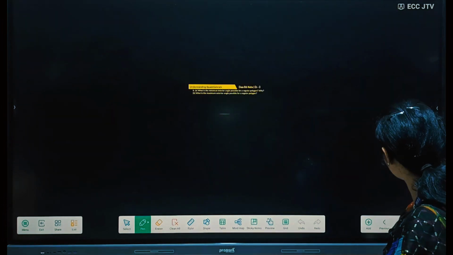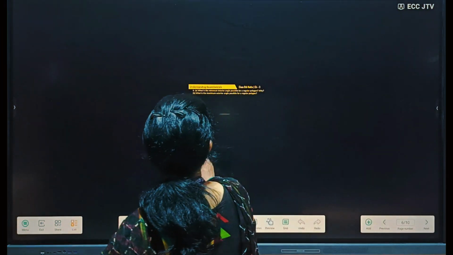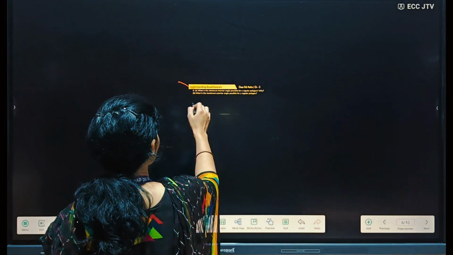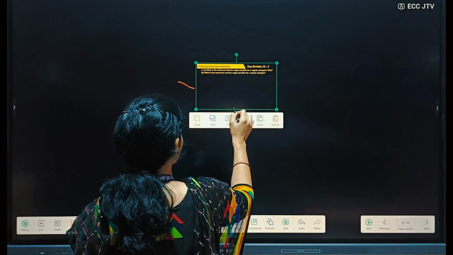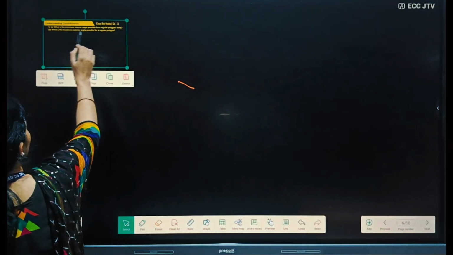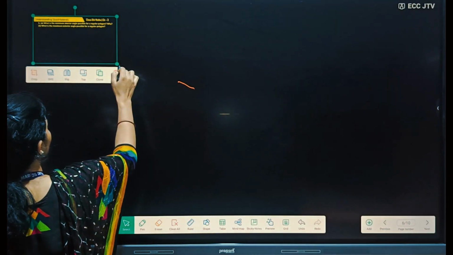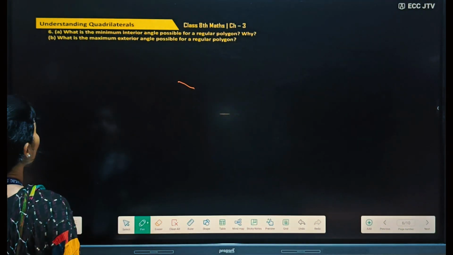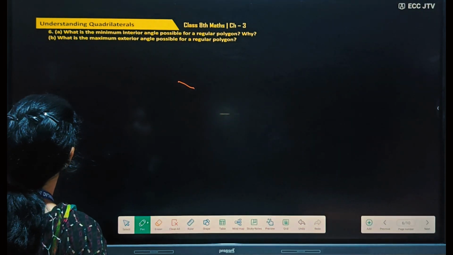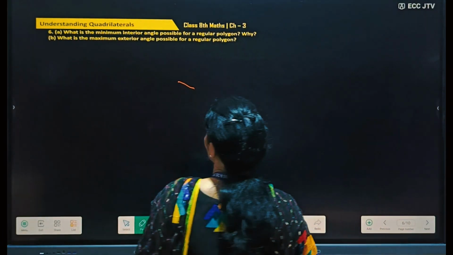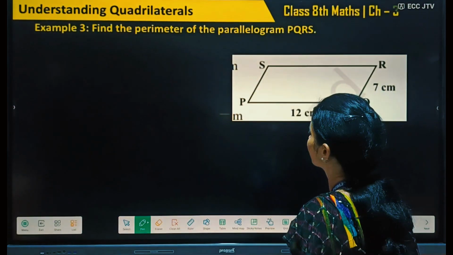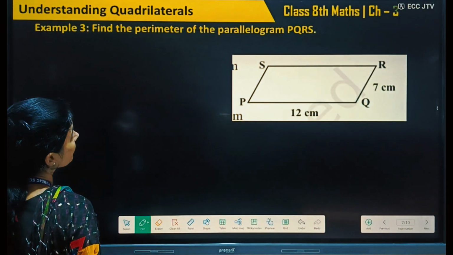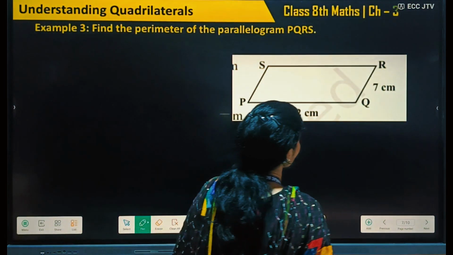Next question is, find the perimeter of parallelogram PQRS.